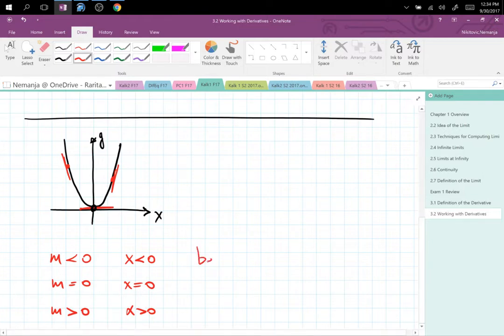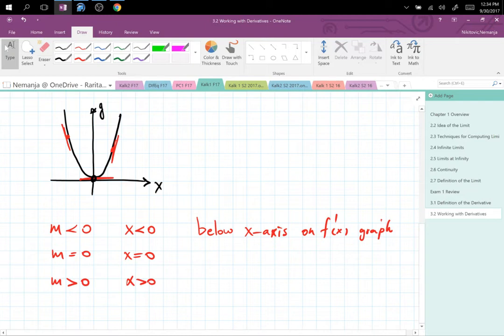So I'm going to say this slope will be below the x-axis on the derivative graph. We all understand that x equals 0 is on the x-axis, right? And this is above the x-axis on the derivative graph.